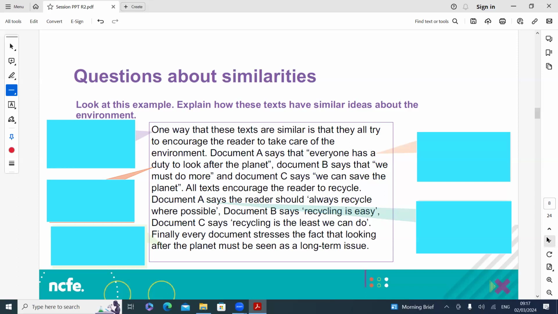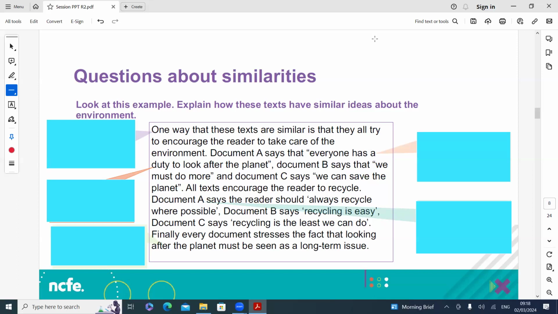One way that these texts are similar is that they all try to encourage the reader to take care of the environment. Document A says that everyone has a duty to look after the planet. Document B says that we must do more. And document C says we can save the planet.